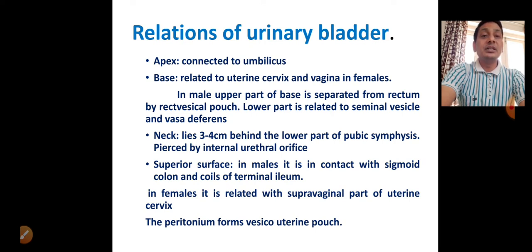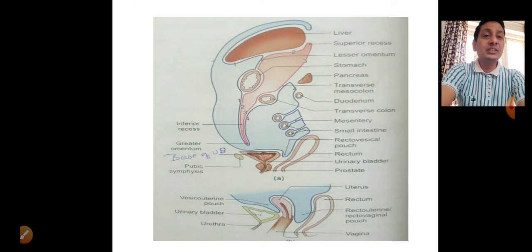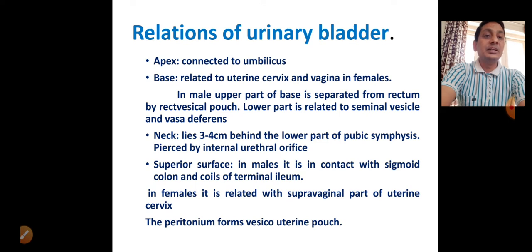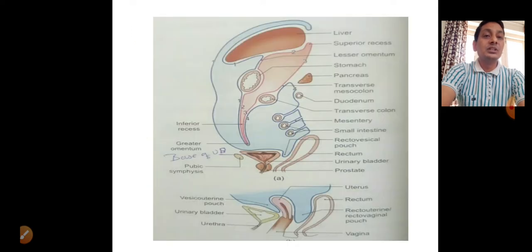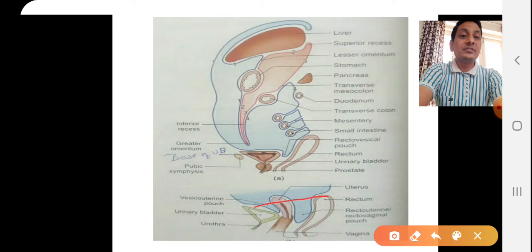Superior surface: in the male, it is in contact with the sigmoid colon and coils of the terminal ileum, but in the female it is related to the supravaginal part of the uterine cervix, and the peritoneum forms the vesicouterine pouch. Now see this superior surface. In the male, it is in contact with the sigmoid colon and coils of the ileum. In the female, the superior surface is separated from the uterus by the vesicouterine pouch.